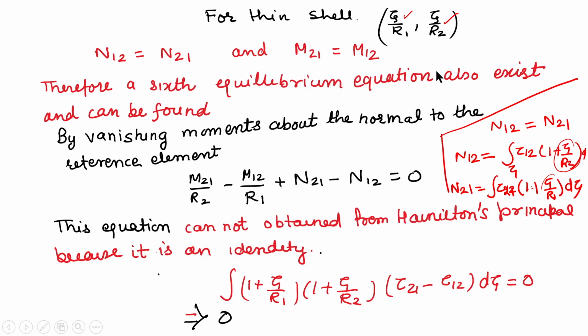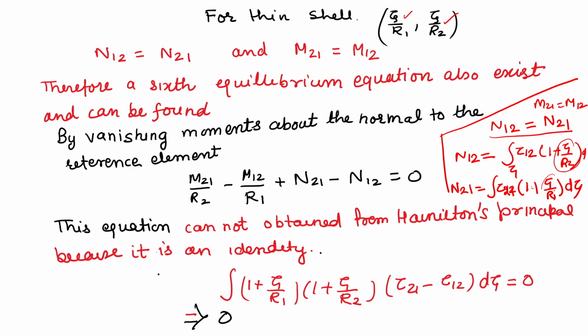If we say that the shell is very thin, then this can be neglected, and in that case N12 equals N21. In the same way M12 equals M21. So this is the sixth equilibrium equation that exists for the case of thin shells.